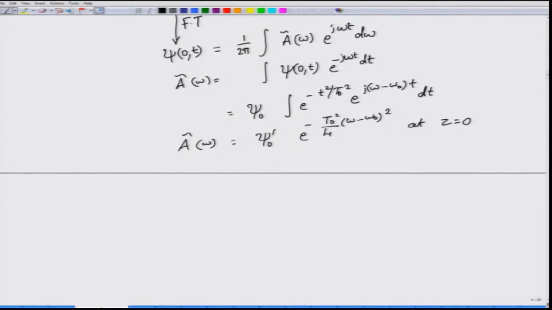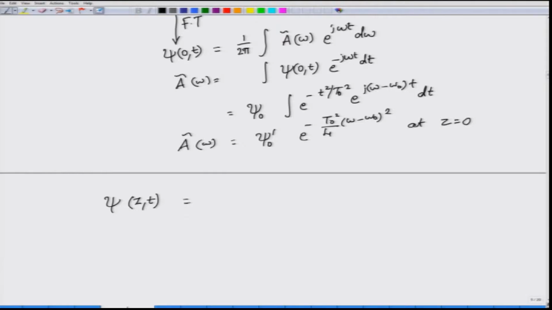You start with the Fourier transform here, and then you go to the inverse Fourier transform at the output end. Okay. So, let us do that one. We have already done the Fourier transform part at the input side, and we have seen how the spectrum would look like. Now, I go back to the expression of psi at any z where I want, right.